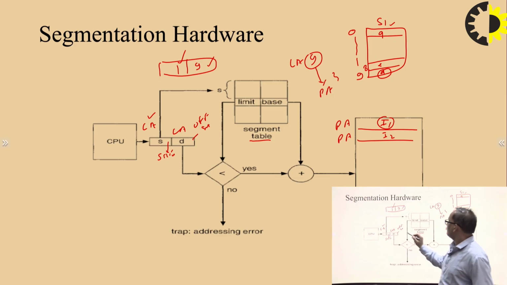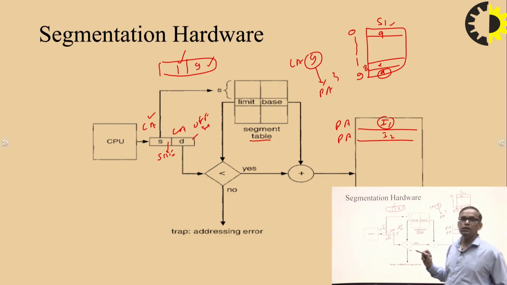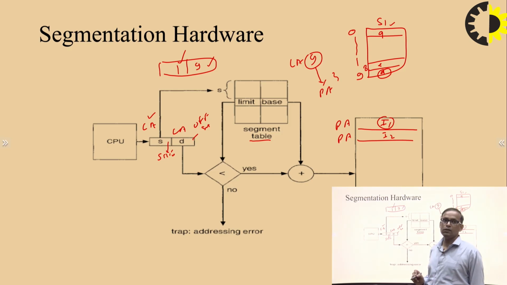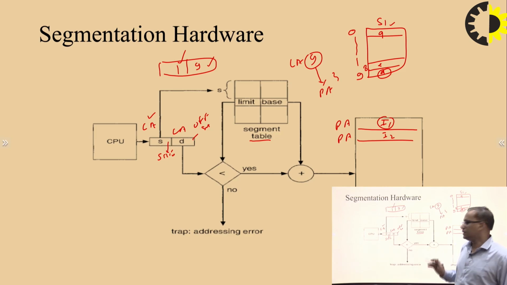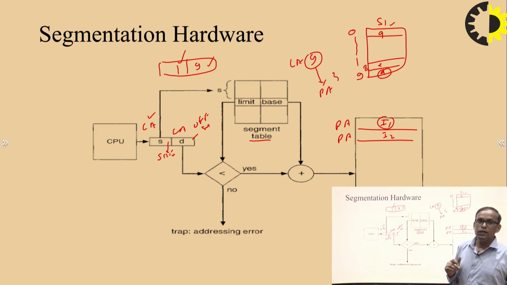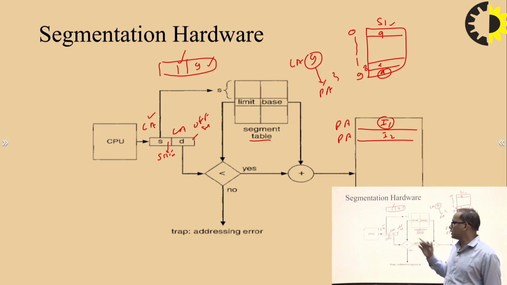So whenever a logical address is generated, first we check in the segment table whether this logical address is valid or not. What is our objective here? The objective of this segmentation hardware is to find the physical address corresponding to the logical address generated by the CPU.